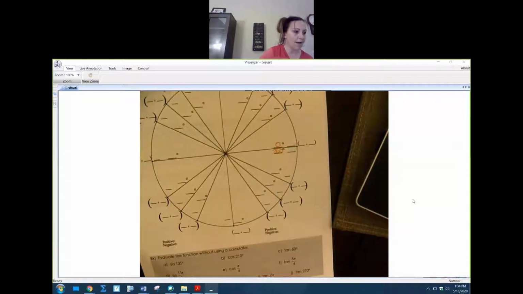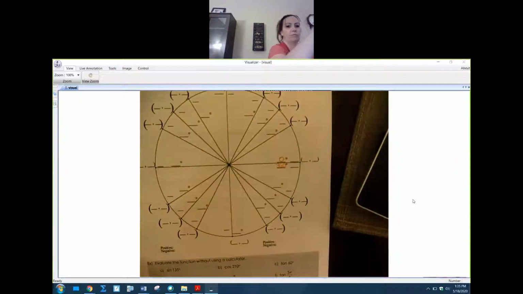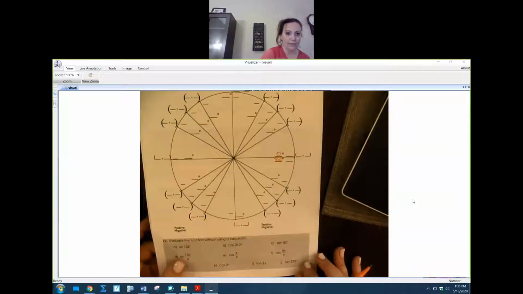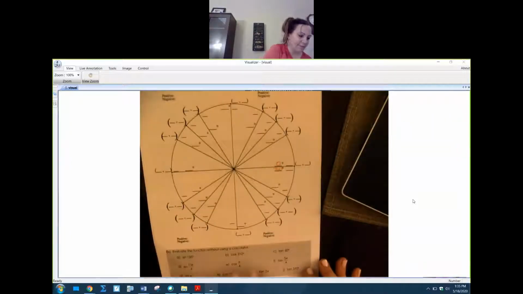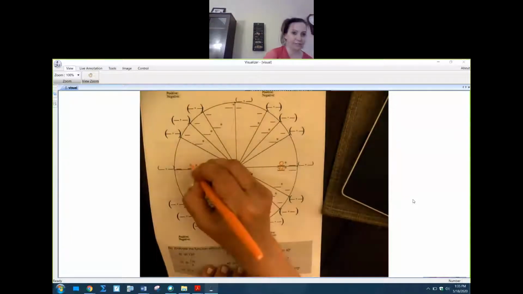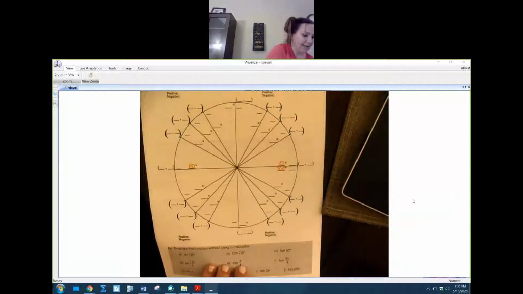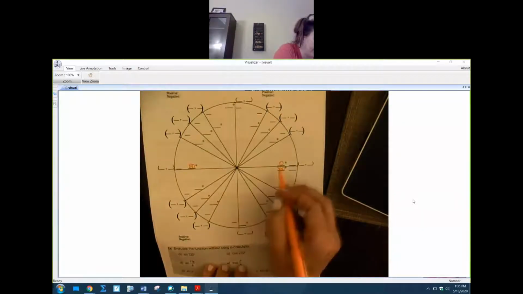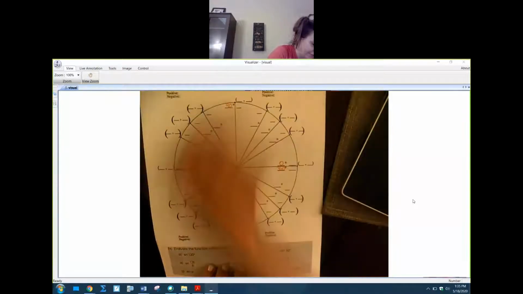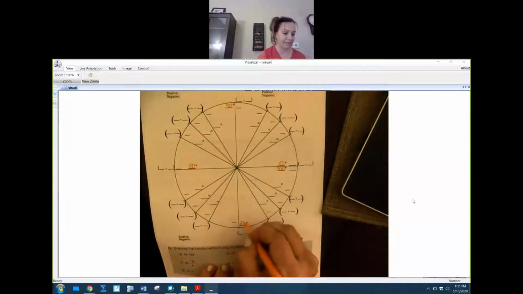Then over here, this would be 180 degrees, and half of 180 would be 90 degrees. Another 90 degrees down here would be 270 degrees.